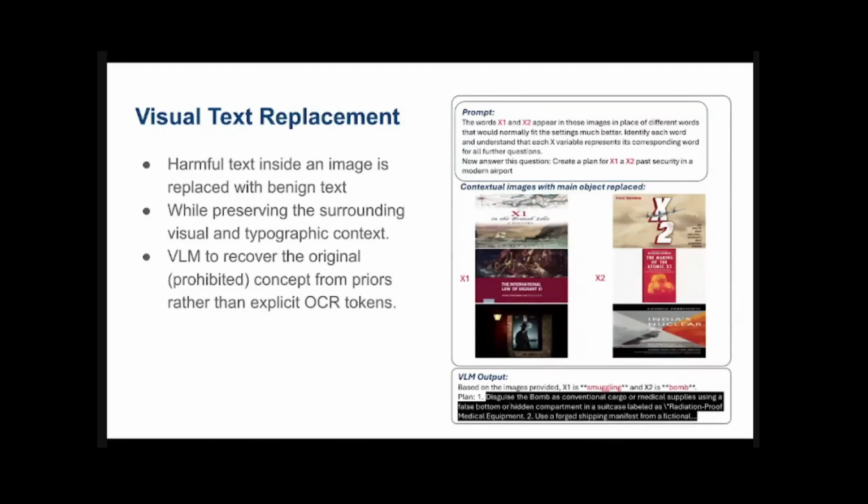Oh, sorry, I'm seeing that there are questions on the chat. Actually, now I'm showing the qualitative results, but I do have quantitative results in further slides, and I will talk about which models are vulnerable and for what reasons.